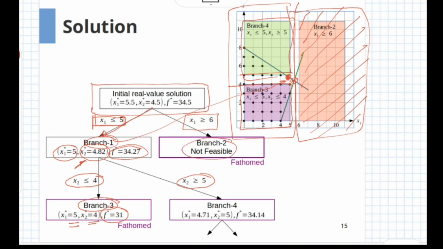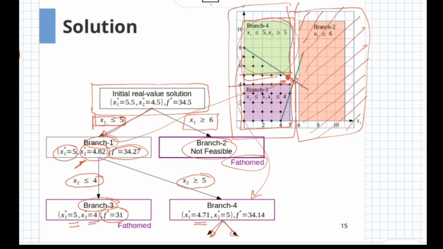The branch 2 which is infeasible is also fathomed, but the branch number 4, which is correspondingly shown here, has got again a real x1, 4.71, and hence it needs to be branched further. So in this way we will continue branching and we'll find different nodes in the process of branching, and at one stage after fathoming we will exhaust all the nodes and we'll get the final solution.